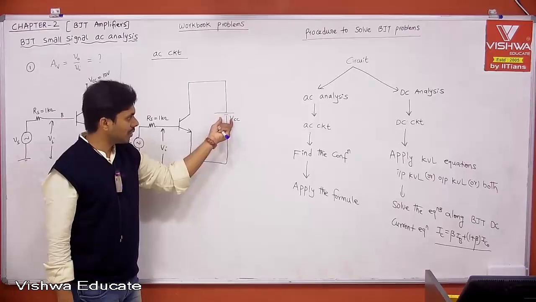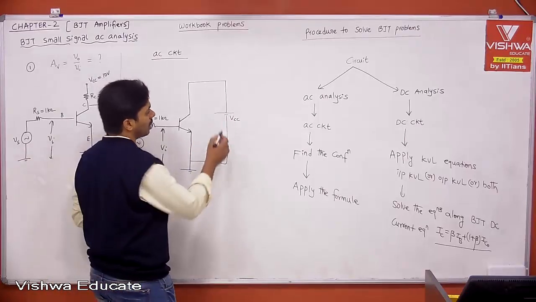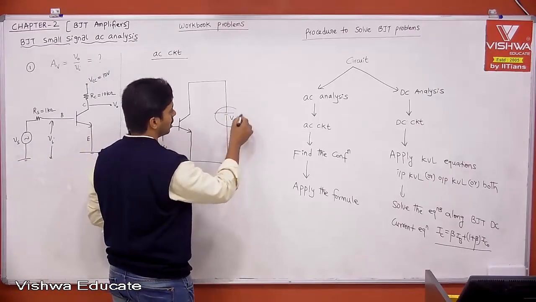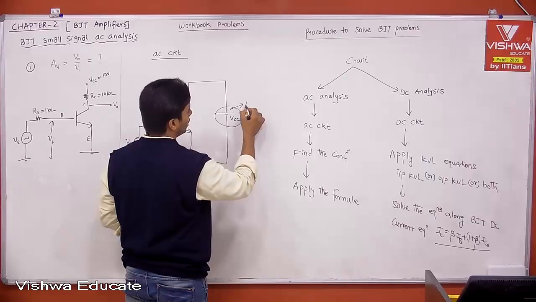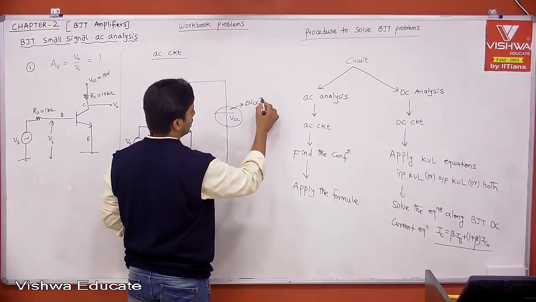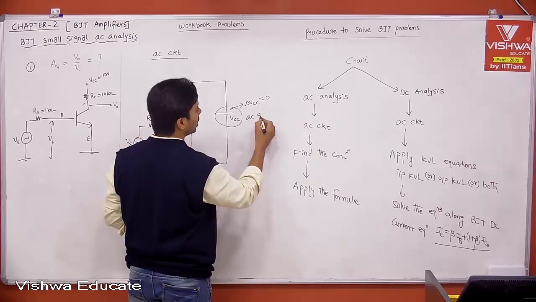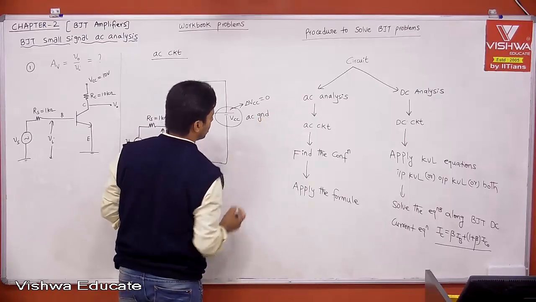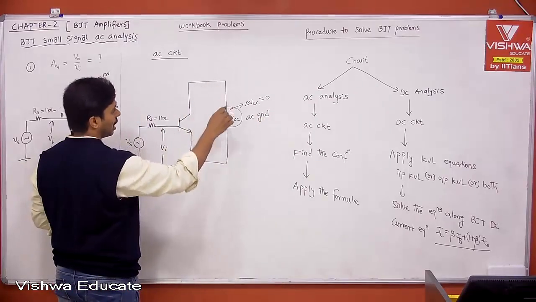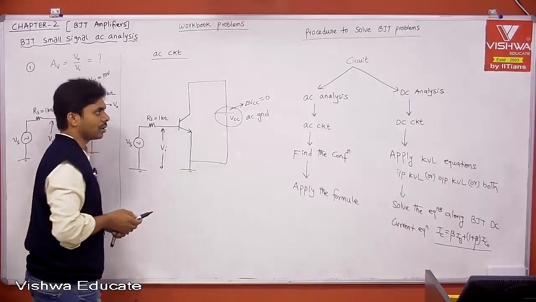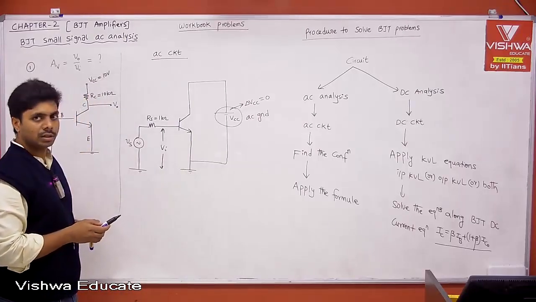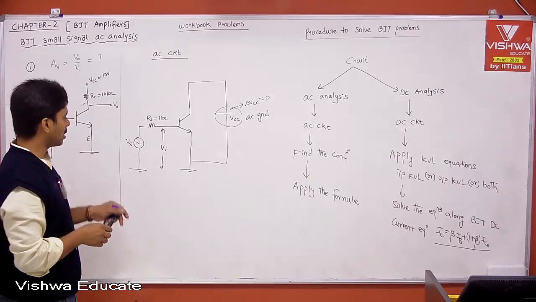The dynamic resistance of VCC is equal to 0, because the change in VCC is normally not there for DC, so it is equal to 0. Therefore, people call this AC ground, because for AC analysis this is shorted to ground. If that is connected to ground, then the circuit will become.